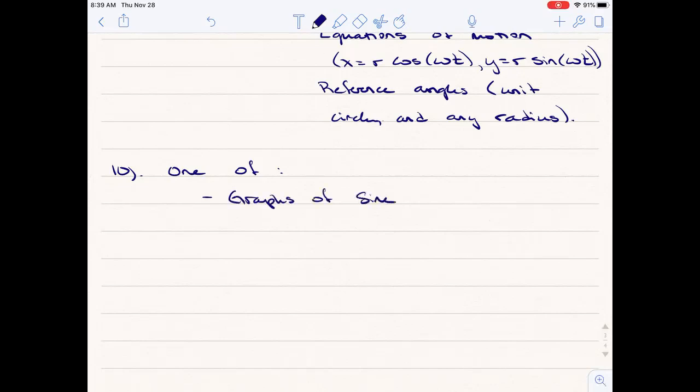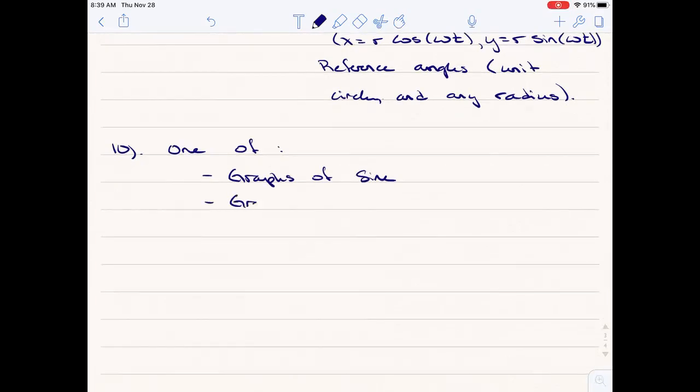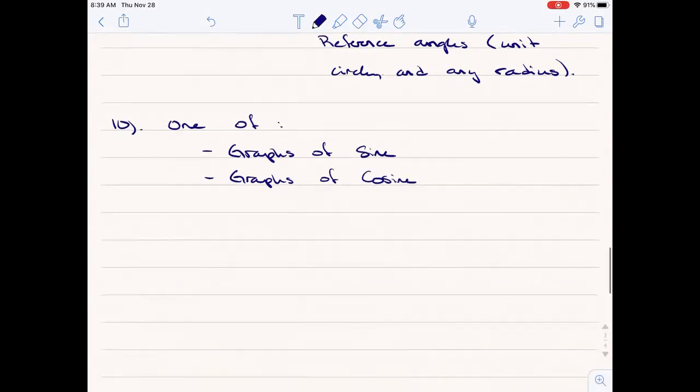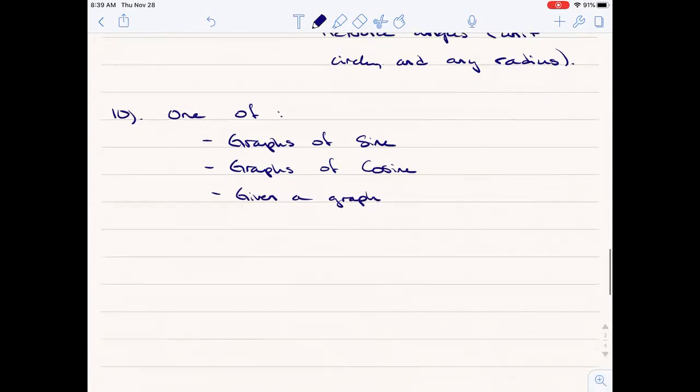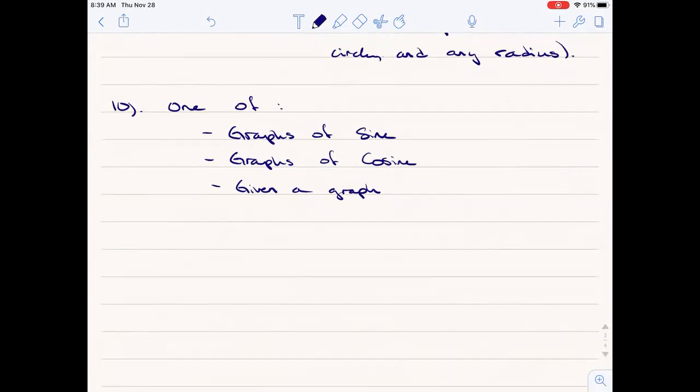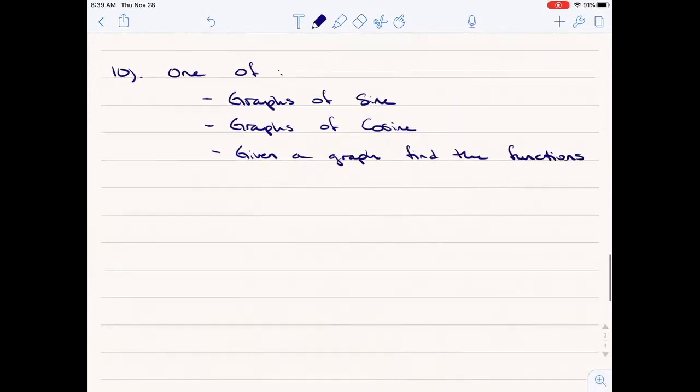Graphs of sine, graphs of cosine. Given a graph, find the functions using sine and/or cosine.